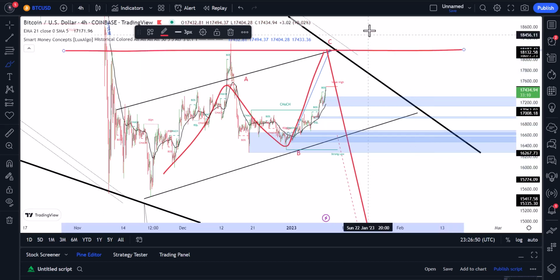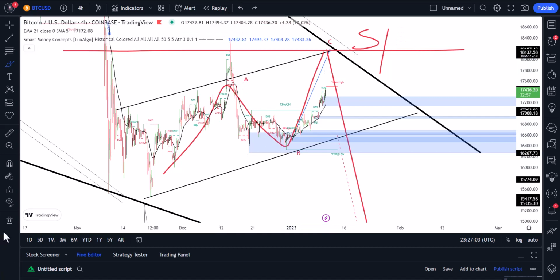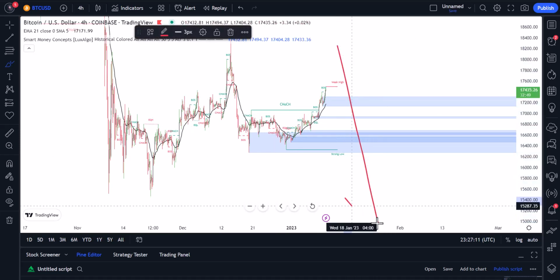That was a strong SR level in the daily time frame. So the possibility is that it is going to complete the retest at this point. After completing its ABC correction, it is going to follow the sell trend.